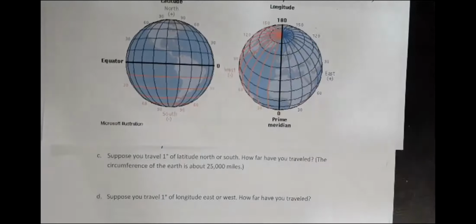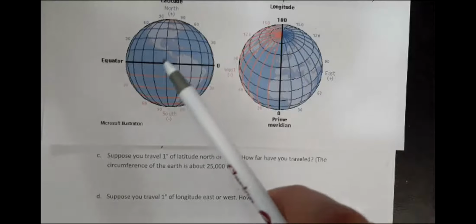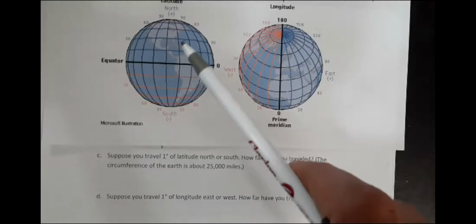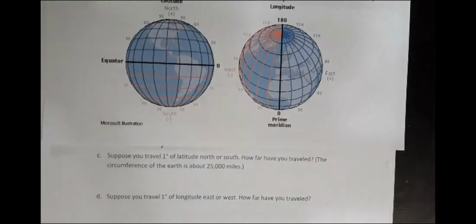Suppose you travel 1 degree of latitude north or south. How far have you traveled? So this one, we're talking about latitude over here. So we're talking about traveling north or south 1 degree. The circumference of the Earth is 25,000 miles.